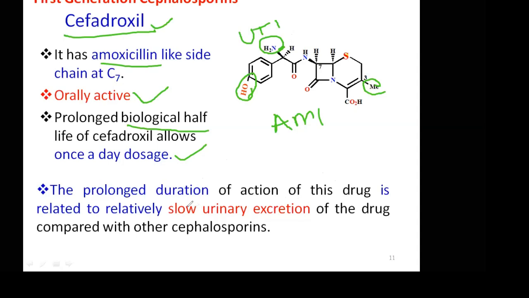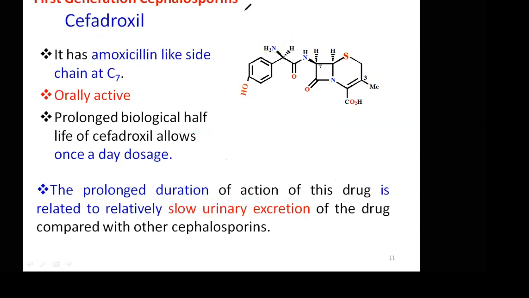Why? Because it is related to slow urinary excretion. The drug is slowly excreted by urine, so it is concentrated in the urine. This is about cefadroxil.